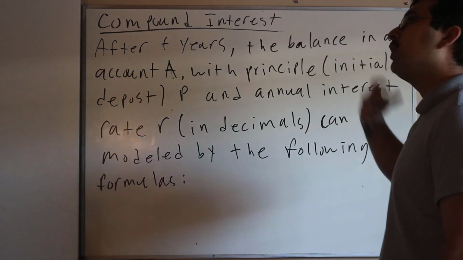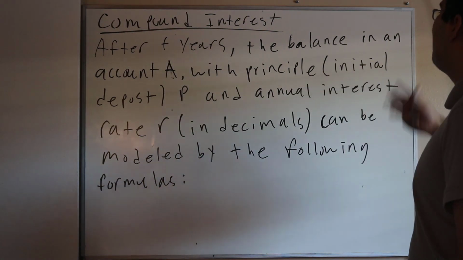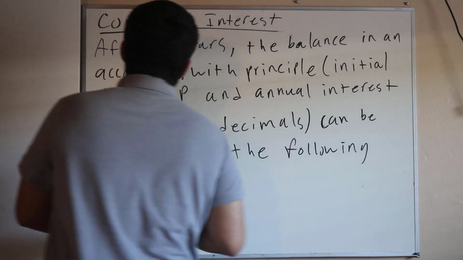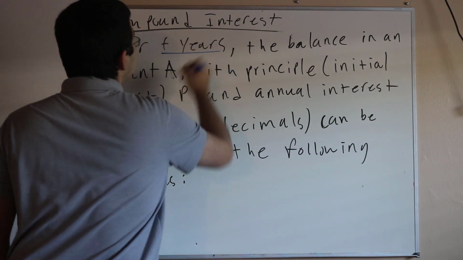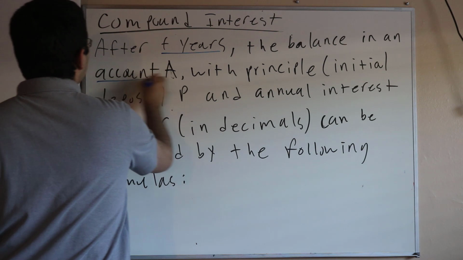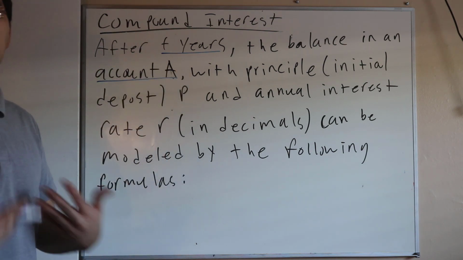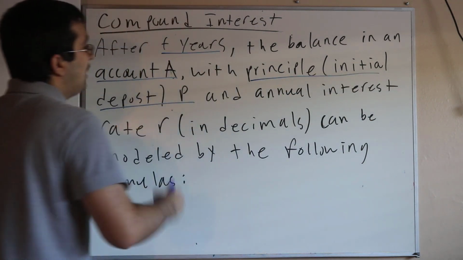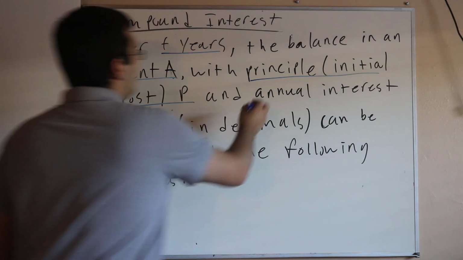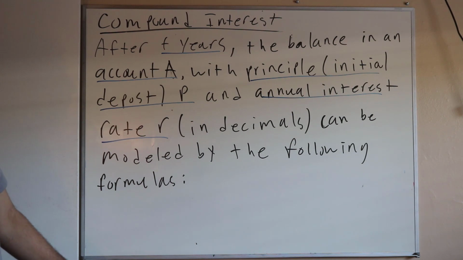Assuming we're talking about something like a bank account, after t years, the balance in an account A, with principal P, and principal is just another word for the initial deposit or initial investment, and an annual interest rate r, and that r will always be in decimals, can be modeled by the following formulas.